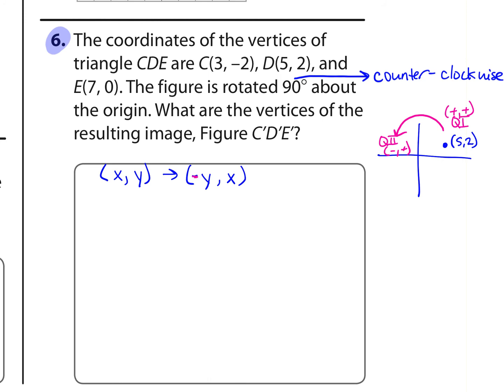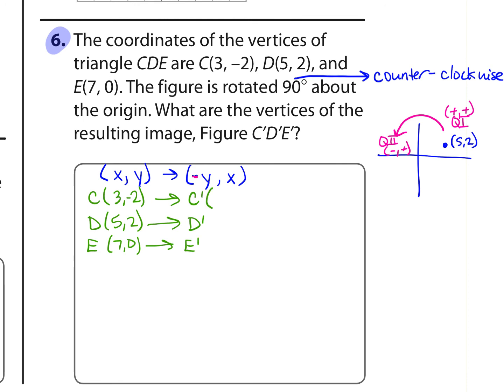So we have these points. C was at (3, -2), D was at (5, 2), and E was at (7, 0). And we're going to do this transformation to get C prime, D prime, and E prime. So 90 degrees counterclockwise.